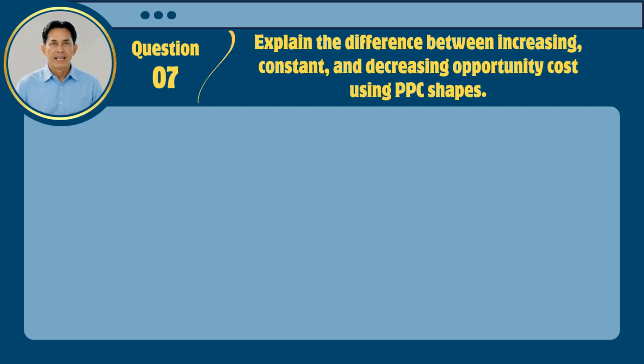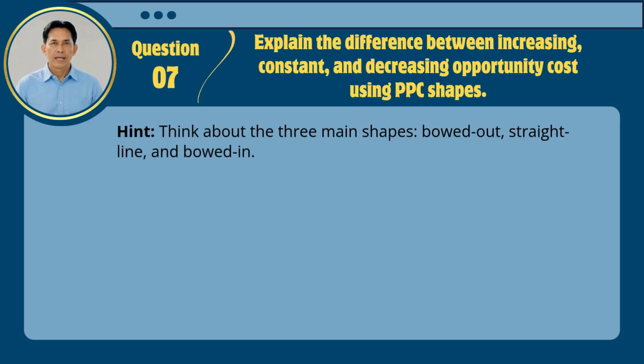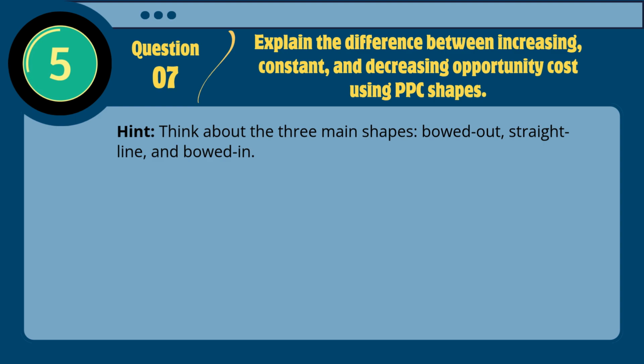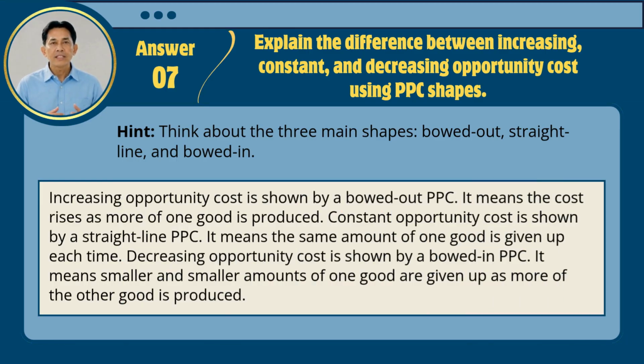Question number 7. Explain the difference between increasing, constant, and decreasing opportunity cost using PPC shapes. Here's your hint. Think about the 3 main shapes: bowed out, straight line, and bowed in. Here's a sample answer. Increasing opportunity cost is shown by a bowed out PPC.